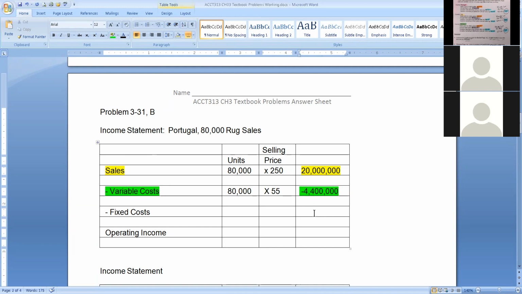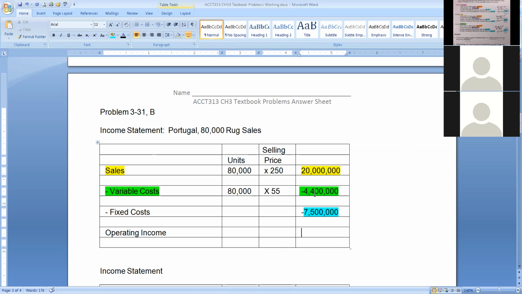Fixed cost for Portugal was 7,500,000, so the negative cost going out. Okay, so this would be the operating income.